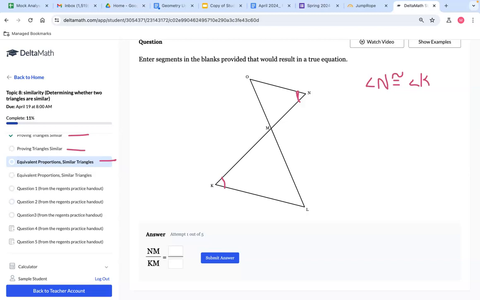You, though, should also realize that there's vertical angles here. You should realize that this angle and this angle are congruent. So you can, in a sense, say, and usually you want to use 3 letters, but I'm going to use just 1 letter here, angle M is congruent to angle M, and how do we know?